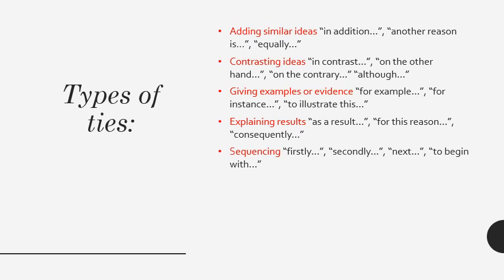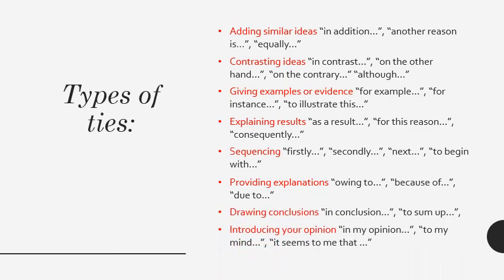Just remember, if you use firstly, you have to use secondly, and so on. But if you use first, you have to use second, not secondly, not thirdly, and so on. You can also provide some explanations using owing to, because of, or due to, and so on. Remember, just because of should be followed by ing.